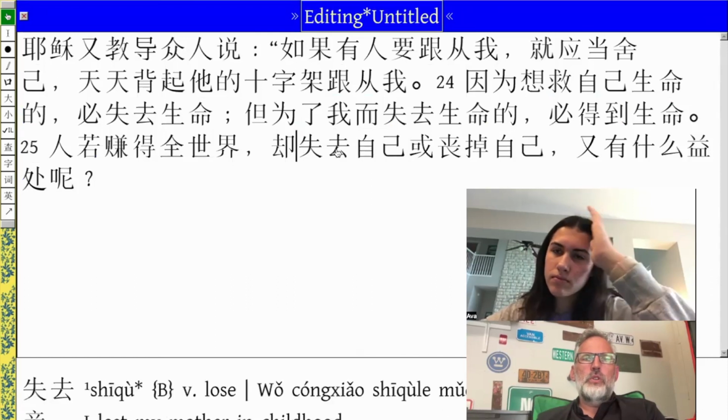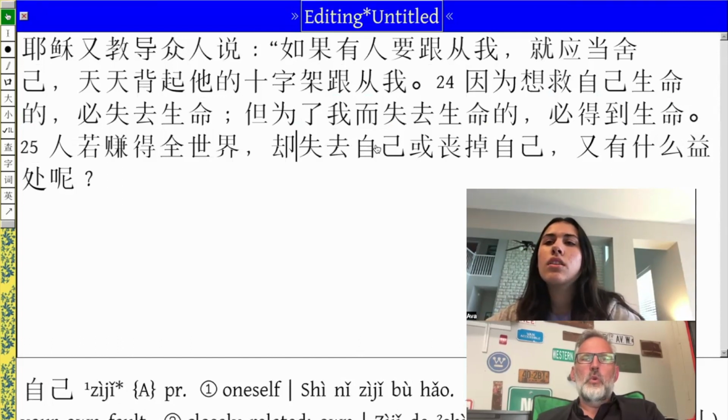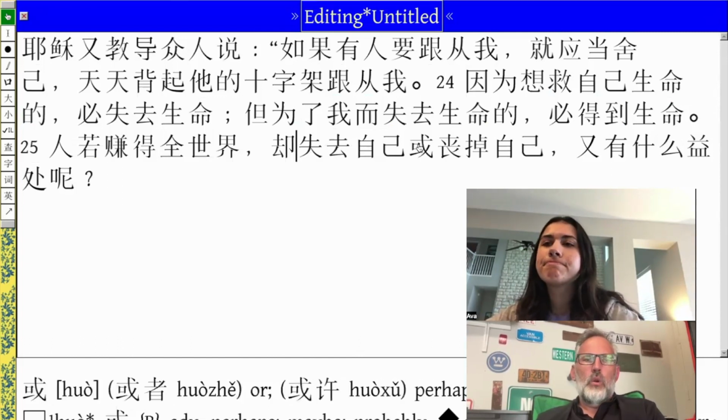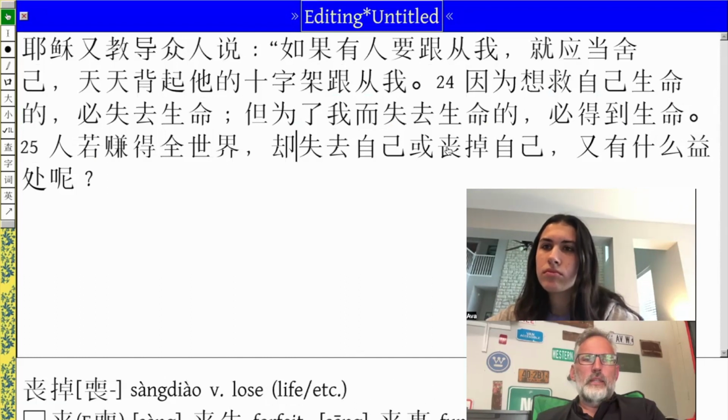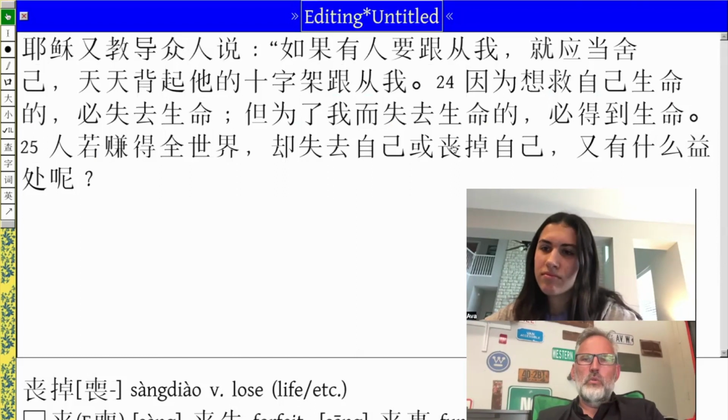However, 失去自己. So if you gain the whole world, but you lose yourself, 或, or 丧掉. 丧掉 is not a word I have ever used in my life. Now, 丧 I'm familiar with. 掉 is like when something goes away, like 扔掉, throw something away. 丧 is to lose.